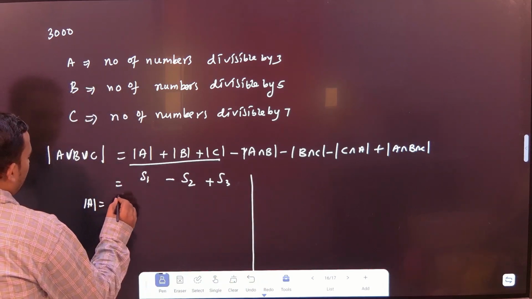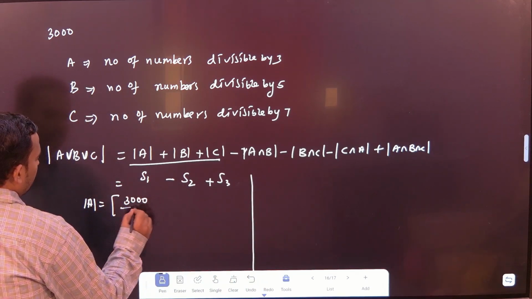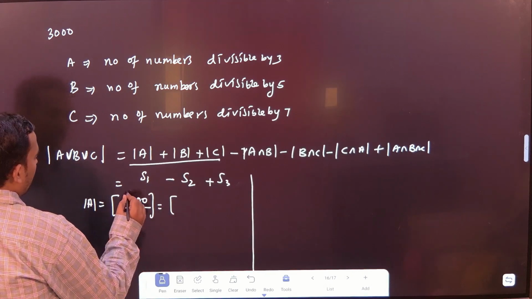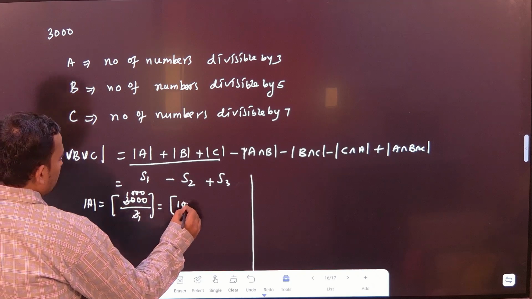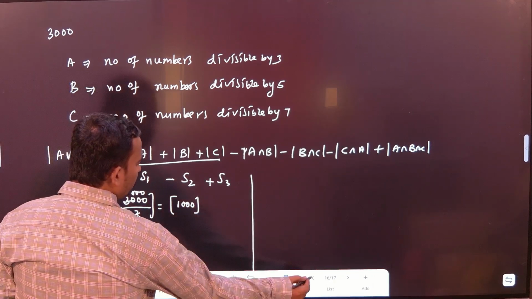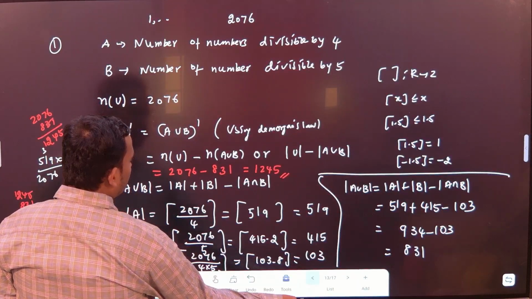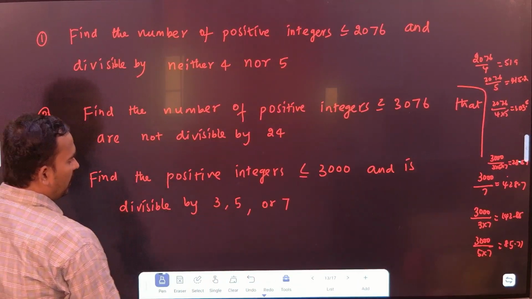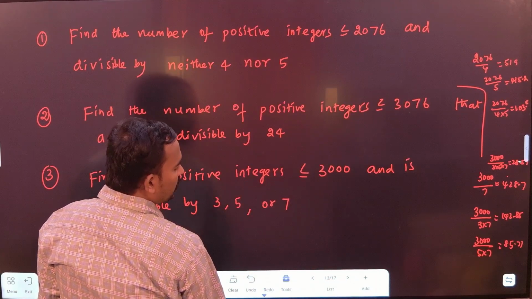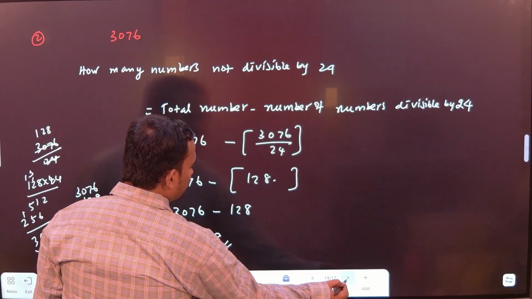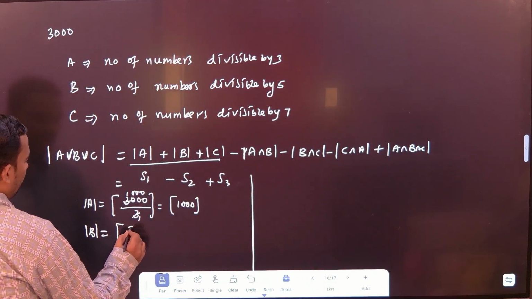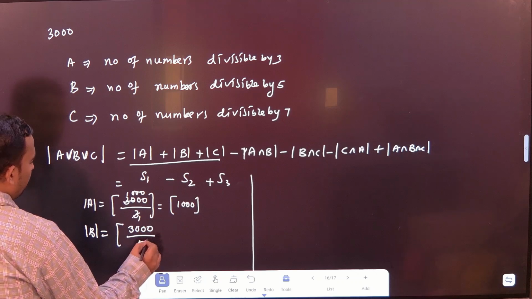So tell me, the larger number is what? 3000 divided by 3, how much will it be? 1000, right? Correct? Yes. Fine. Next B. Cardinality of B, you calculate 3000 divided by 5.